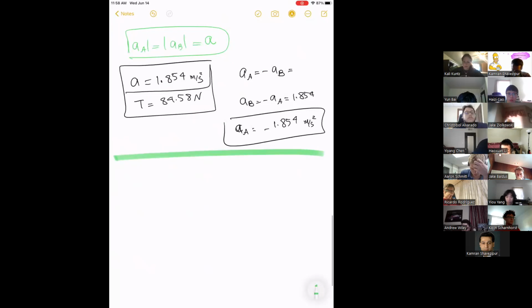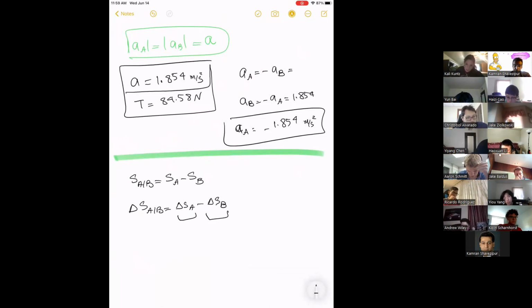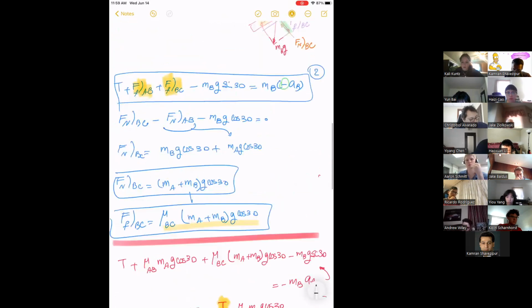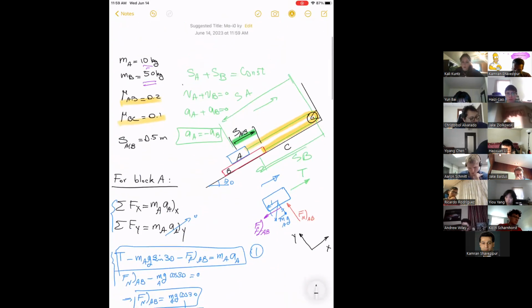So technically, you may say SA with respect to B is equal to SA minus SB, and then the displacement delta SA with respect to B is going to be delta SA minus delta SB, right? How are delta SA and delta SB related? Considering this equation.